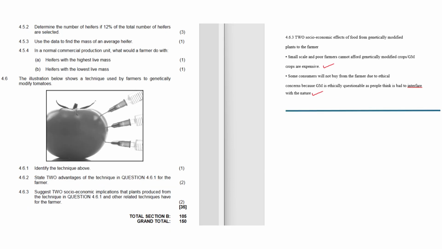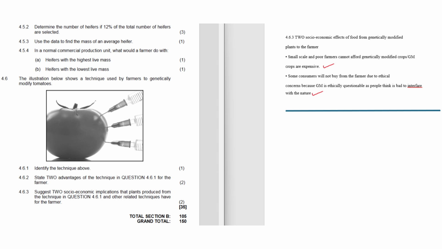4.6.3: Suggest two socio-economic implications that plants produced from a microinjection technique and other related techniques have for the farmer. This is a tricky question. There are constraints here.